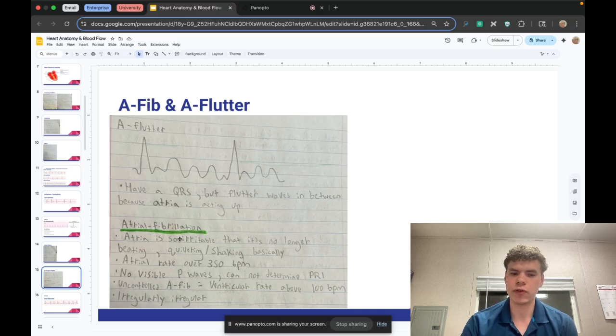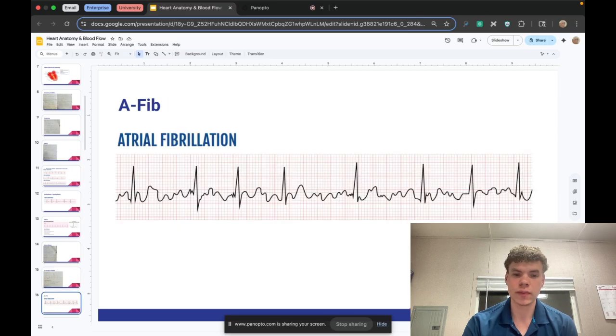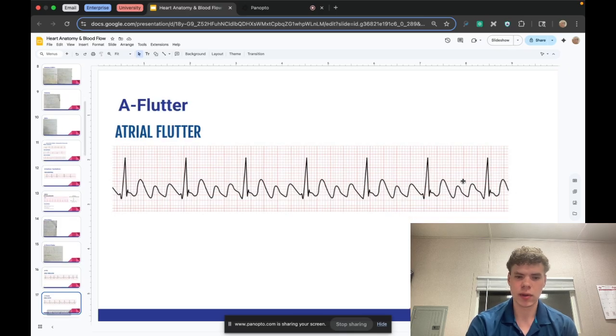And with atrial fibrillation, it's kind of the same thing. It has a QRS, but instead of being like a flutter, it's more like little squiggles. It's not as organized, right? So that's a picture of what atrial fibrillation would look like on a monitor, and this would be A flutter. As you can see, A flutter is a bit prettier.